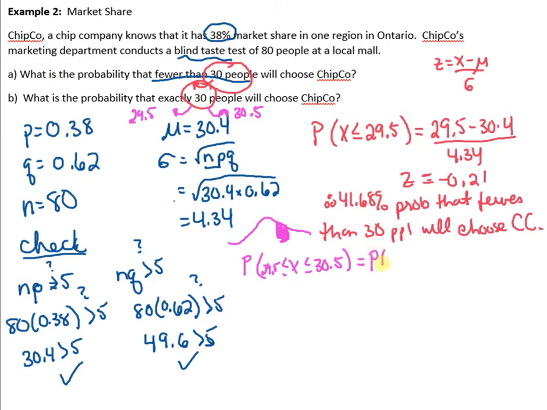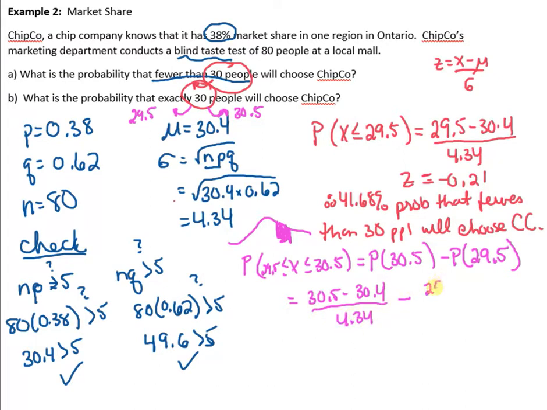So let's go the probability of 30.5, which is going to be the later one. And then we're going to subtract the probability of 29.5, and that's going to give us our answer. So 30.5 minus mu, 30.4, over sigma, minus 29.5 minus 30.4 over sigma.